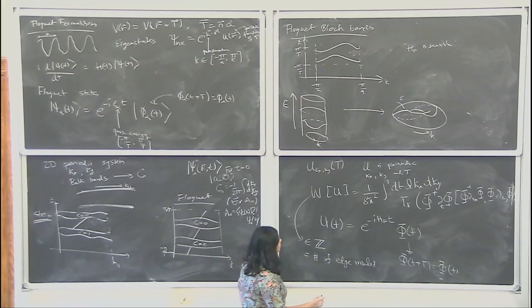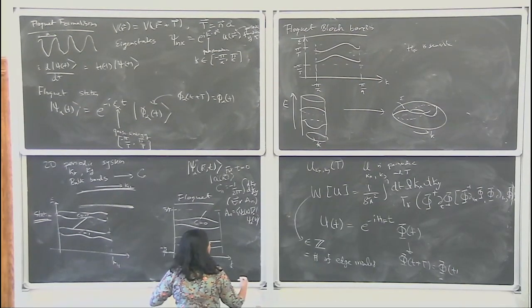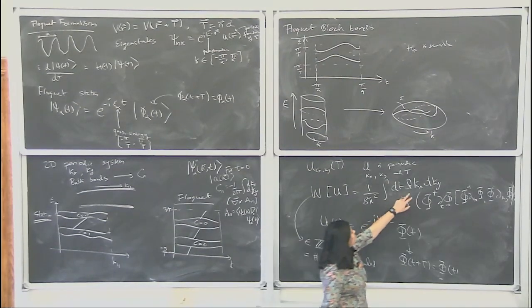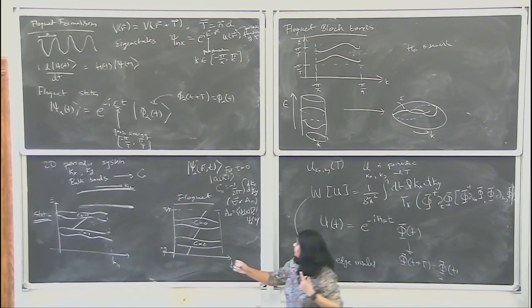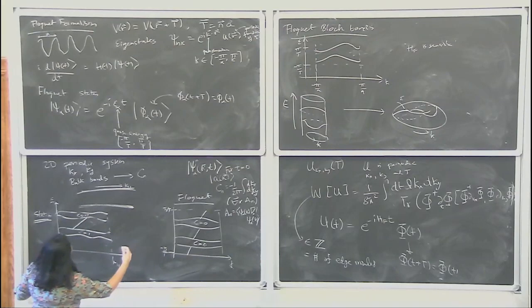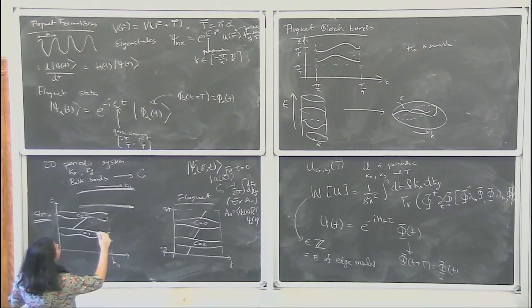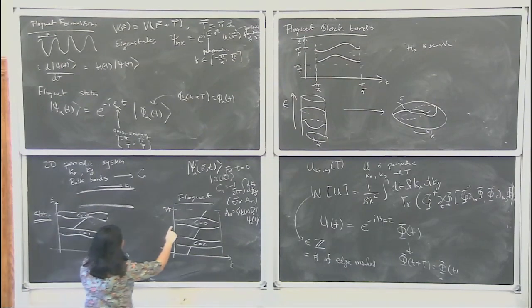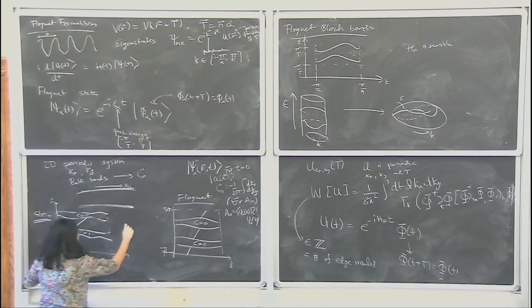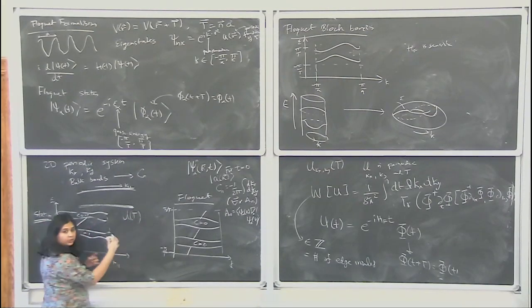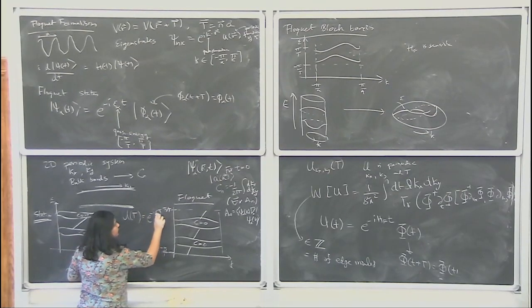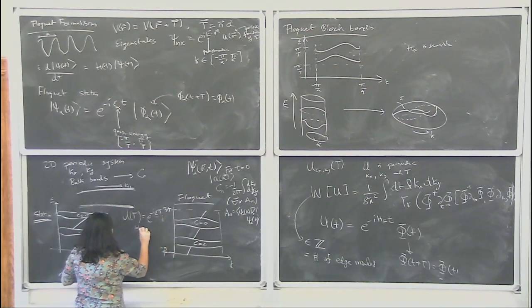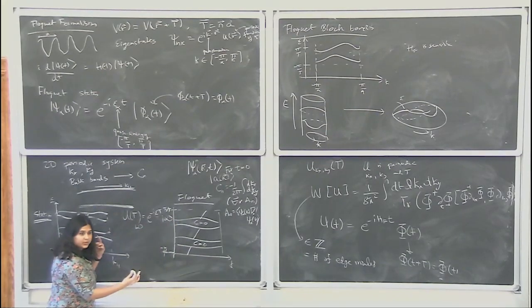Well, if you look at the time evolution operator over one period, then this has this phase factor, and its eigenvectors and eigenvalues are defined this way.